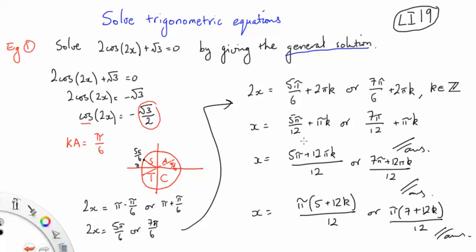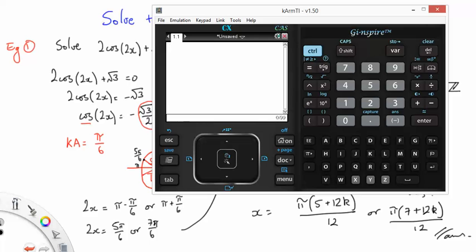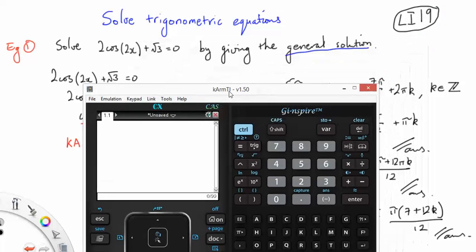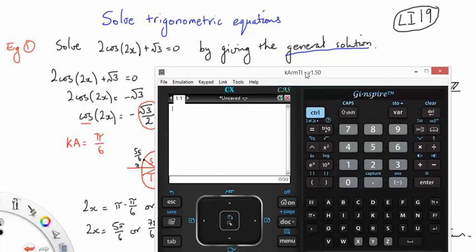Alright, well what does this look like on the CAS? So let's check our answers with the CAS. So I can get the CAS up here. Here's our equation. You could use the solve function, but I quite like using the zeros function. It won't be obvious yet. I'll show you why in the next part, but let's try using the zeros function.